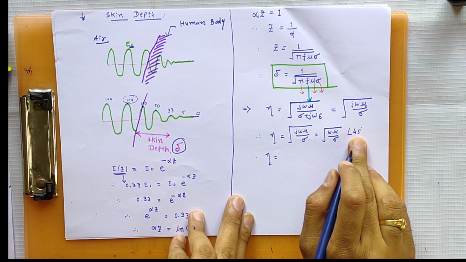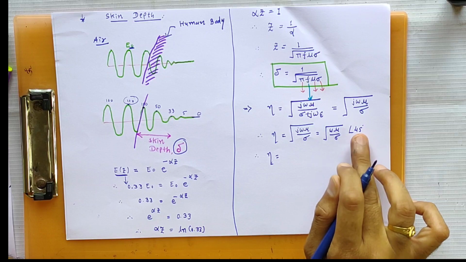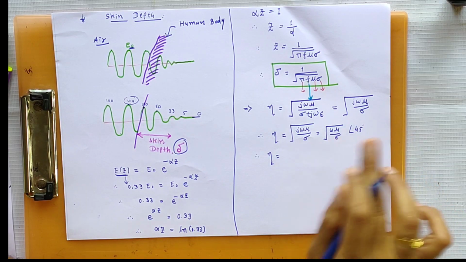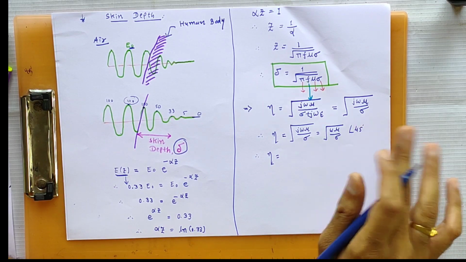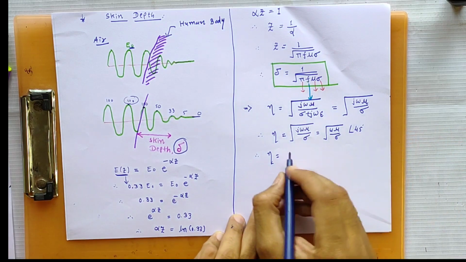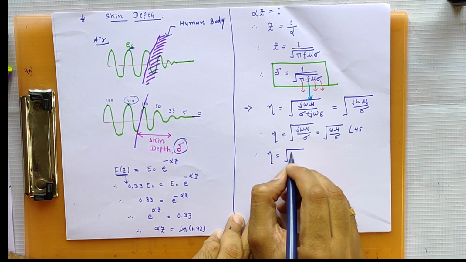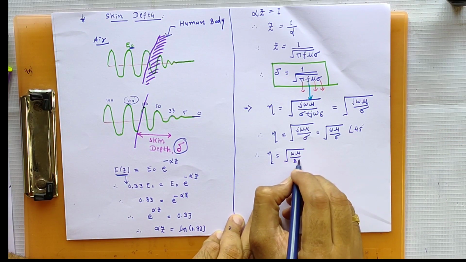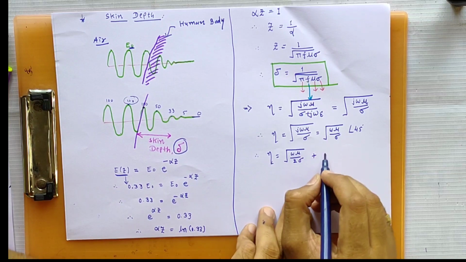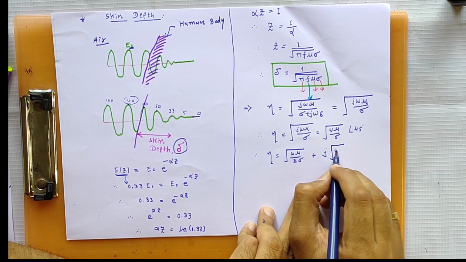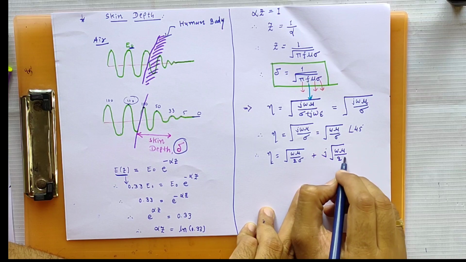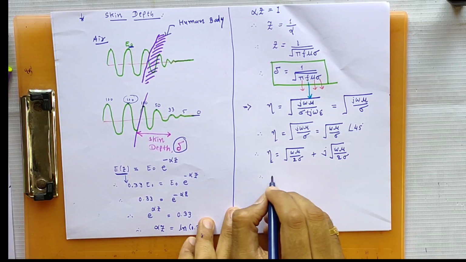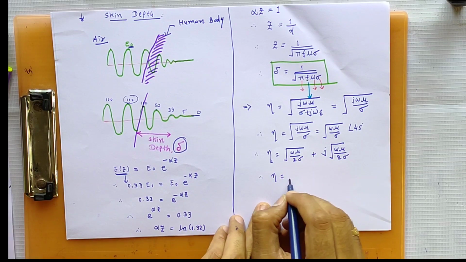e raised to j 45 degrees means cos 45 degrees plus j sin 45 degrees. Cos 45 degrees is 1 by root 2, and sin 45 degrees is also 1 by root 2. So we can write the square root of omega mu by 2 sigma plus j times the square root of omega mu by 2 sigma, but omega is equal to 2 pi f.